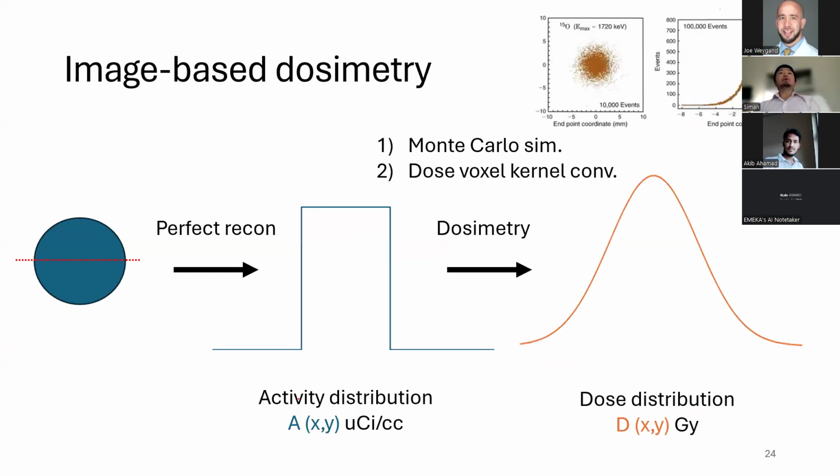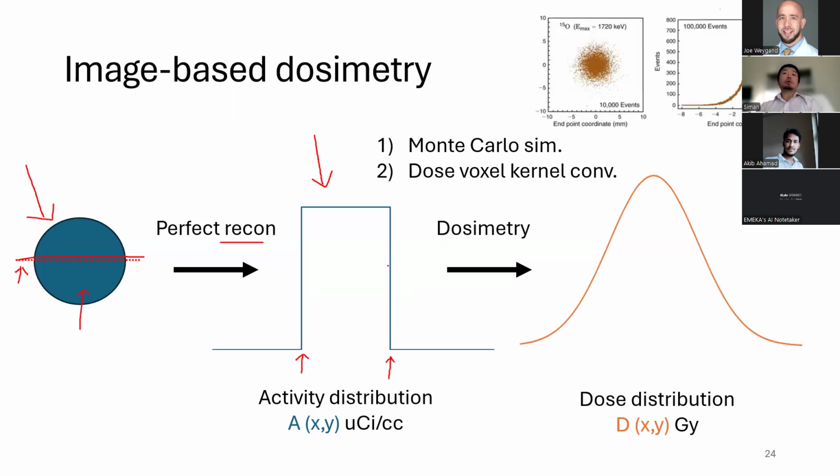So how do we do image-based dosimetry? Let's assume that we have a cylinder with perfectly sharp edges. If we draw the line profile across the cylinder with perfect reconstruction, the response will look like a rectangular function. So, with a uniform activity distribution, if you image it and have a perfect image, then you have a very sharp rectangle function.